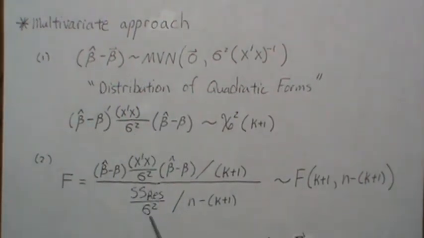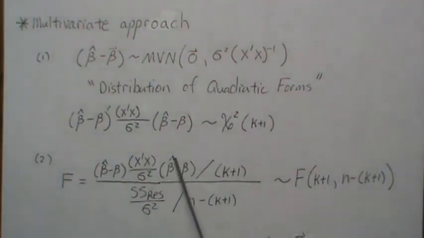But we don't know sigma squared, so we have to do something different. Now this piece here is a chi-squared, and let's divide by its degrees of freedom. And the sum of squares of residual divided by sigma squared is a chi-squared. Let's divide by its degrees of freedom. Then this becomes an F distribution with k plus 1 and n minus k plus 1 degrees of freedom.